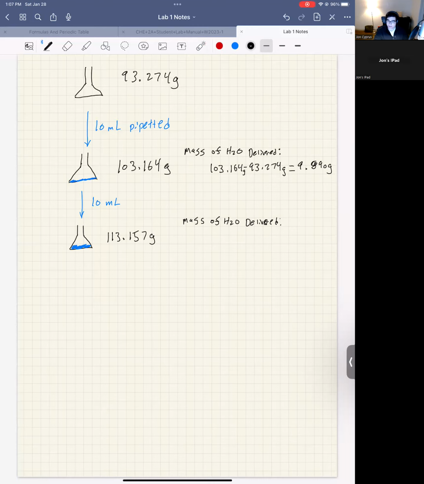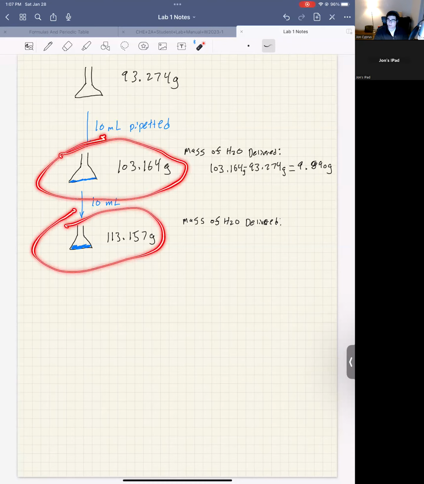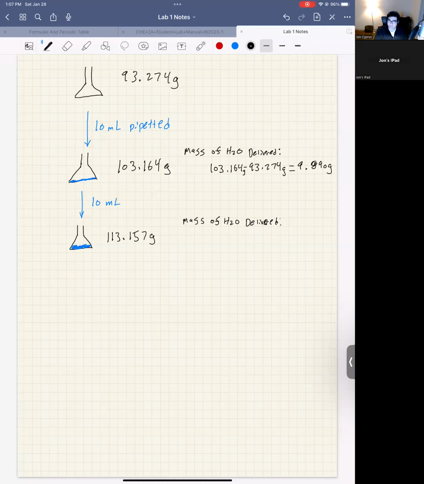So you take the difference between this one, where you just added more water, and the one before, where you had some water in it. So the mass of H2O delivered in this one, let me put a 1 here, and then this is E2 for the second step, is going to be 113.157 grams minus 103.164 grams.